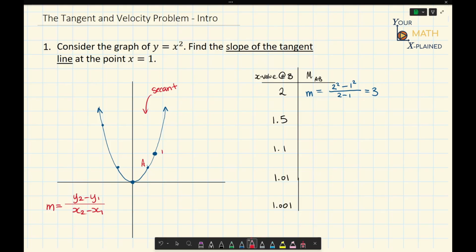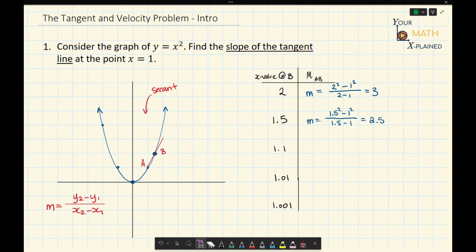This is our new point B. Now if we draw the secant line between those 2 points, it'll look like this. Let's find the slope of this new line. So m is equal to 1.5 squared minus 1 squared over 1.5 minus 1. And this is going to give us a slope of 2.5.